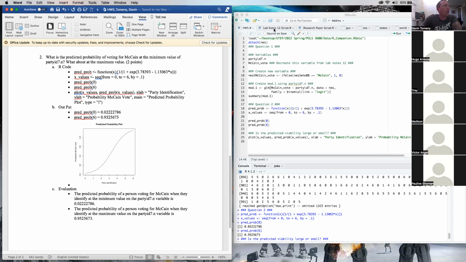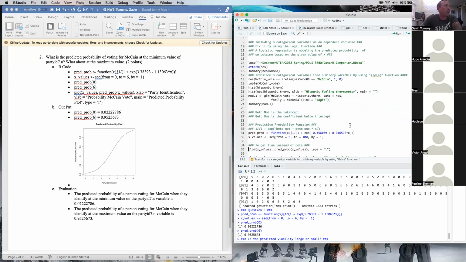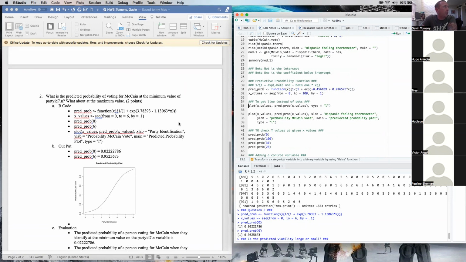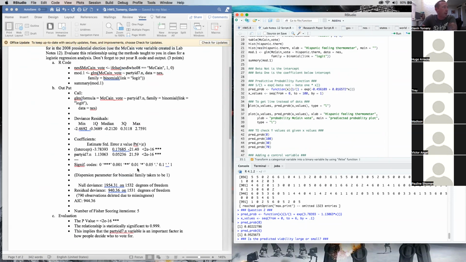So for this one, if we go back to Lab Notes 12, we get this right here about predictive probability, which is 1 divided by 1 plus the exp of negative beta naught minus beta 1 times x, which is super confusing. But what you have to do is take the information from what we got from our regression.